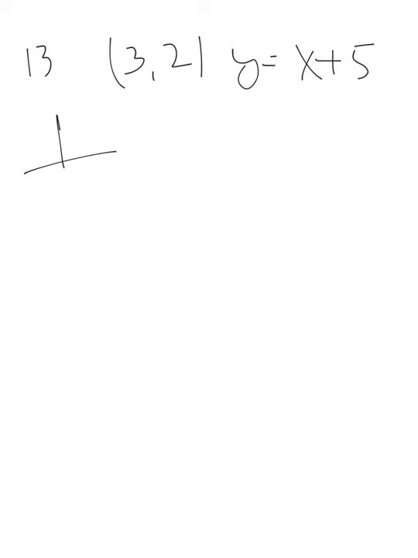And take a look at number 13. Okay, so 13, oh, look at that. Same equation, however, we are finding the perpendicular line. So we need the perpendicular slope. Okay, so my slope is 1, which is 1 over 1. The perpendicular would be the opposite reciprocal, which is simply negative 1.